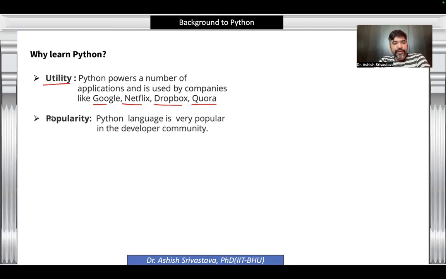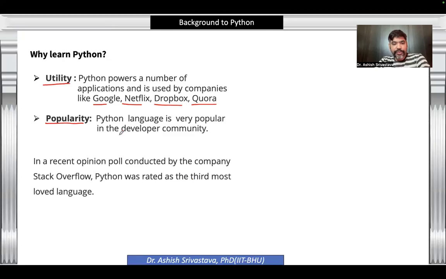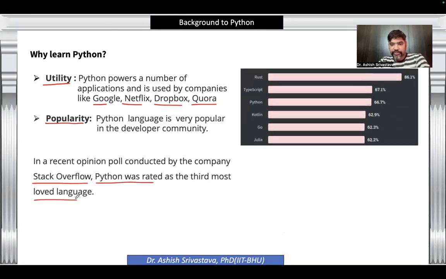The second answer is popularity. The Python language is very, very popular in the developer community in today's world. For example, a recent opinion poll was conducted by a very famous company, Stack Overflow, in which Python was rated the third most loved language.